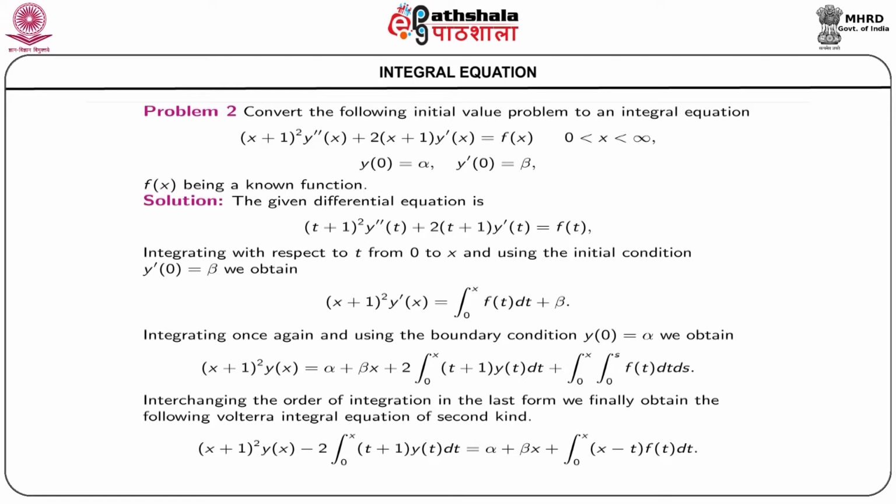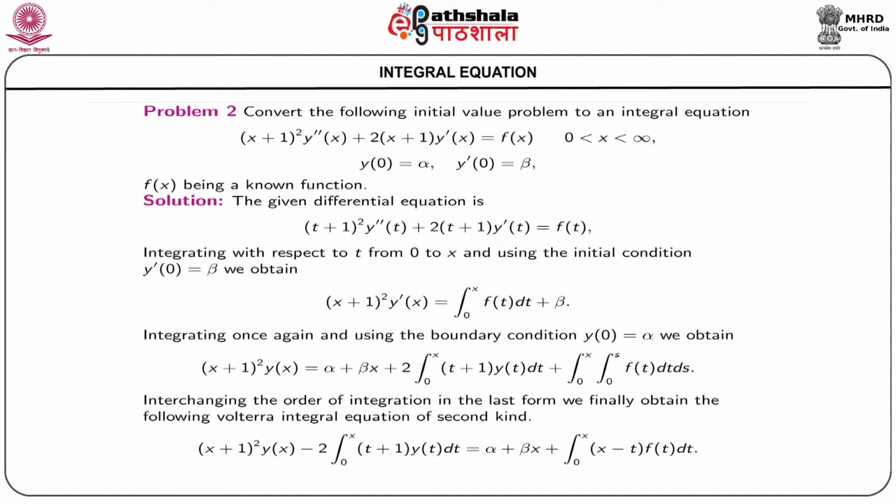Here we have to convert the following differential equation along with initial conditions, that is the initial value problem, to an integral equation. The problem is given by x plus 1 whole square y double dash x plus 2 times x plus 1 y dash x equal to f x.